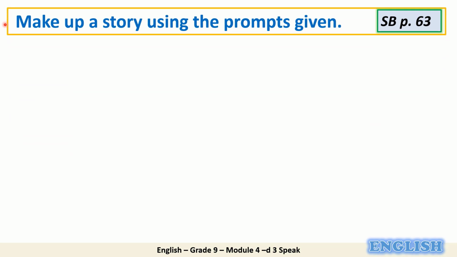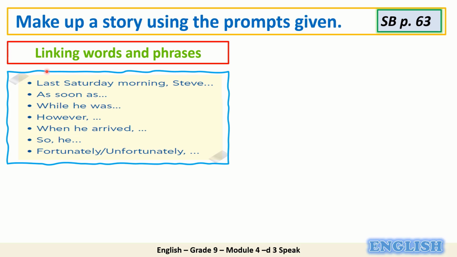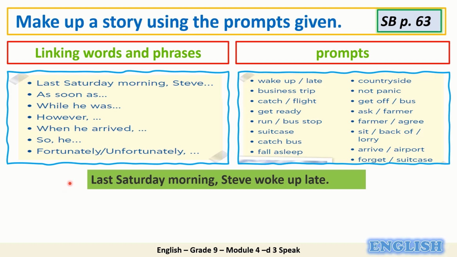Make up a story using the prompts given. Students book page 63. Here we have linking words and phrases and the prompts. We can use them to make sentences. For example, last Saturday morning, Steve. What did he do? He woke up late. Here is the sentence: Last Saturday morning, Steve woke up late.